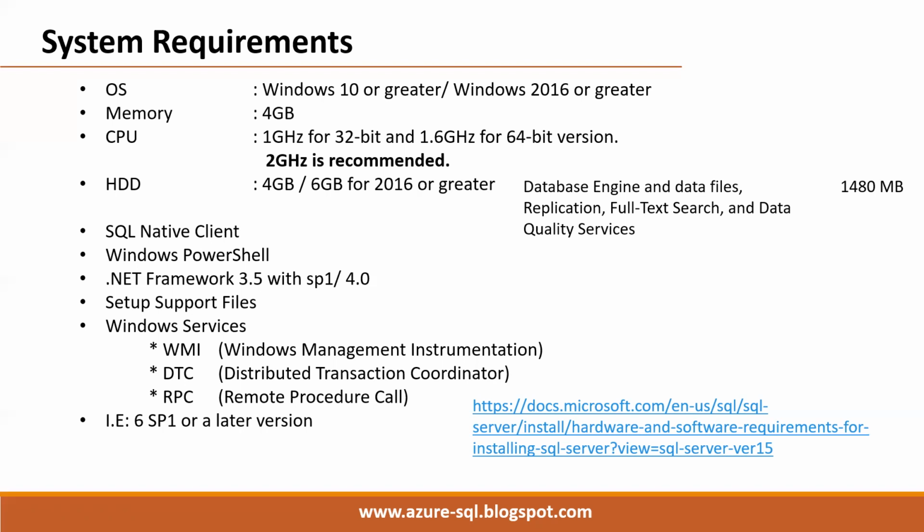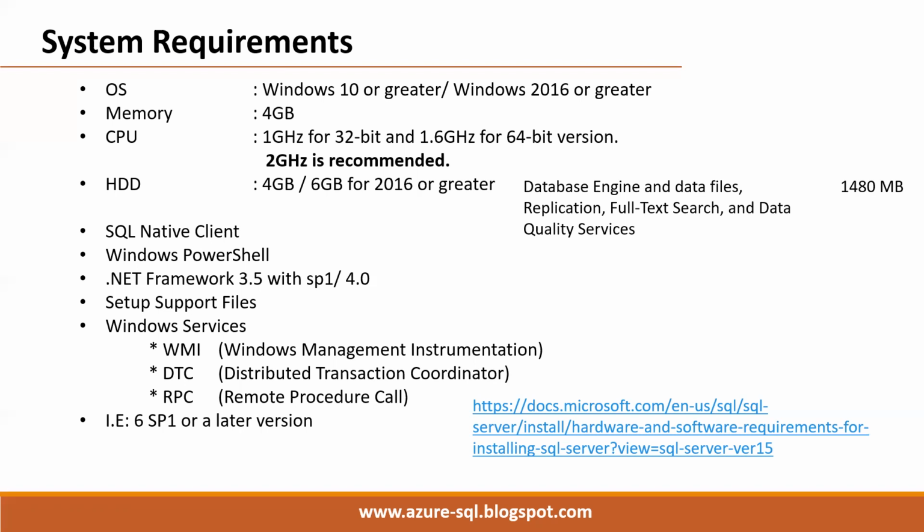But for all the features, DB engine, IS, RAS, CAS, we need 6 GB for complete installation. Mostly we'll install the database engine only, our database server only. For that purpose we need approximately 1500 MB.